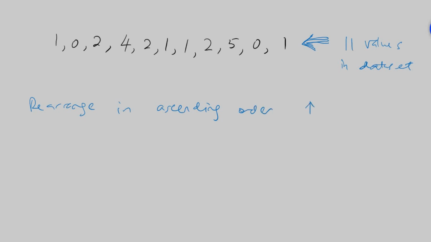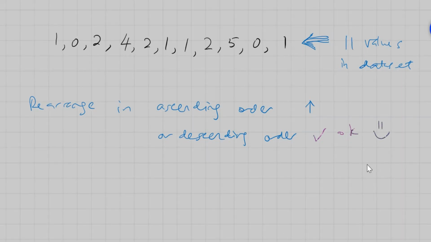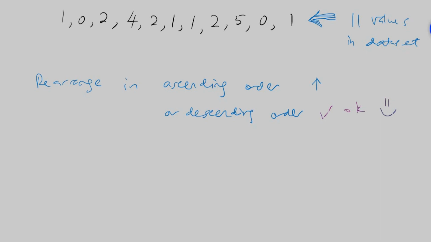It's fine. Descending and ascending orders are just opposite of one another in how you look at it, right? So no problem, you can always arrange them in descending order if you like to see things in descending order, because you use the same method anyway. Alright, so rearranging this data in ascending order will give you this pattern instead. So now we are ready to find the mean, median and mode.